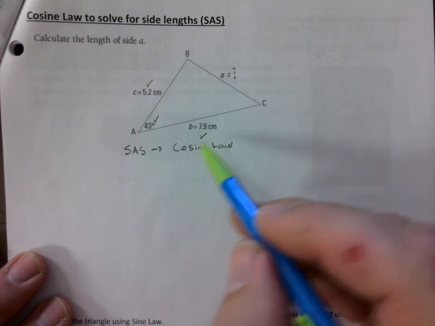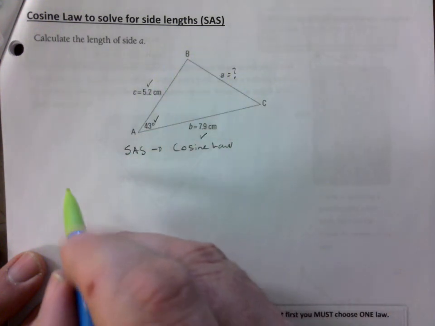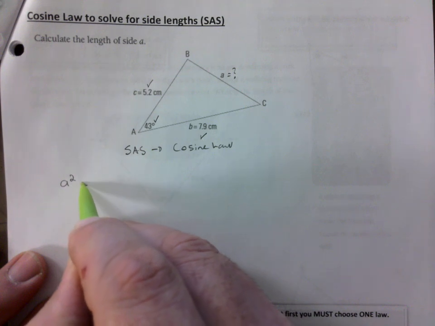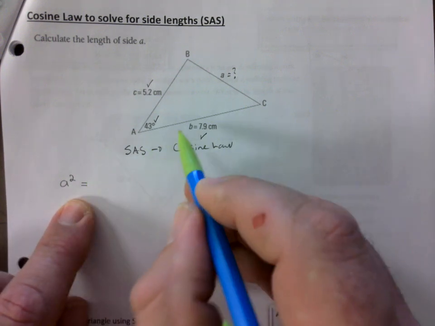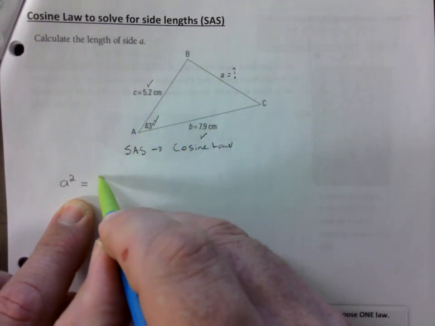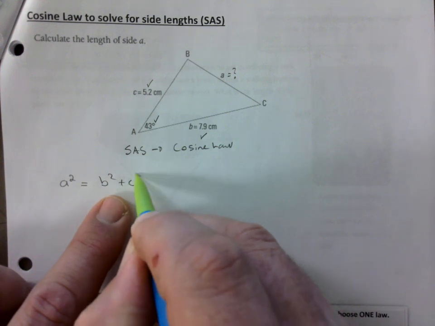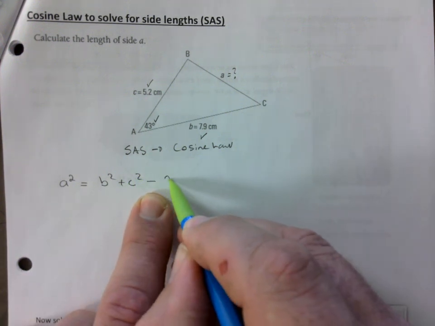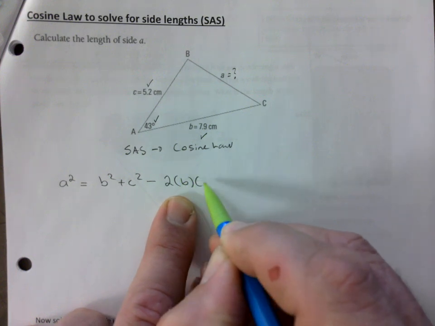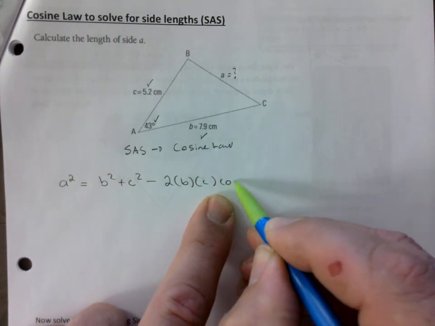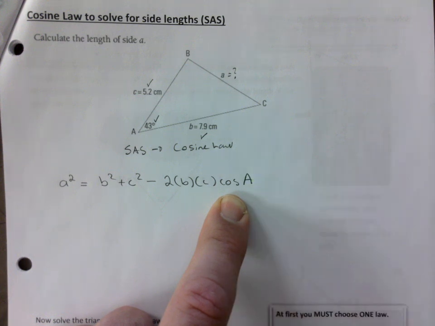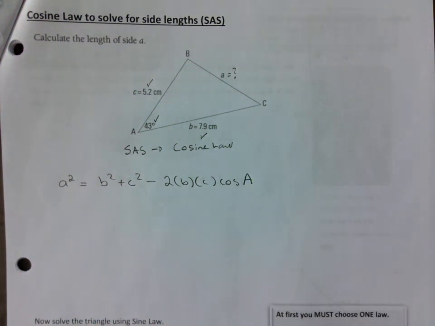Okay, so how does this work? If I want to find out what A is, okay, in this particular case, I would have to square and add B and C. I'm going to use my formula, actually going to write it out, minus 2 times B times C times cosine of angle A in this case. You don't have to do this, by the way.